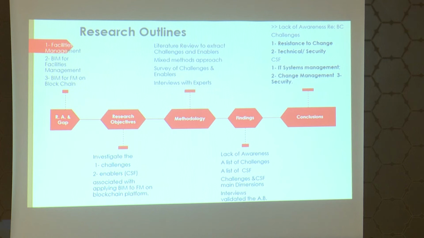We went through the literature review to extract a list of challenges and enablers. We extracted, I think, 16 challenges and around 20 enablers. I'll show you that in the next slide.